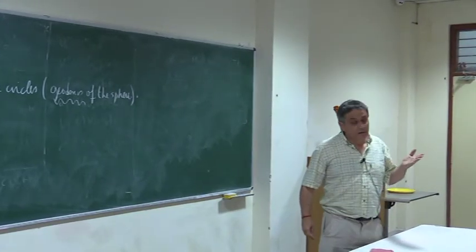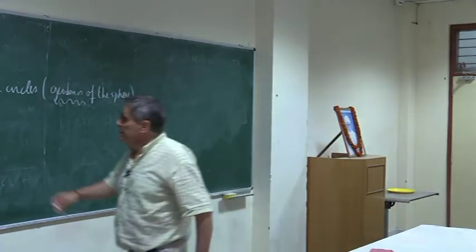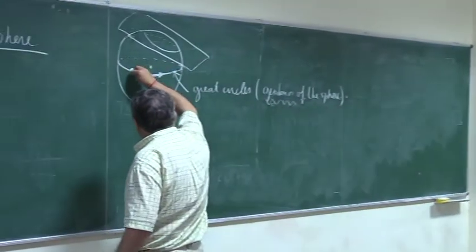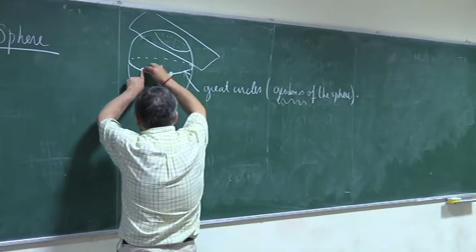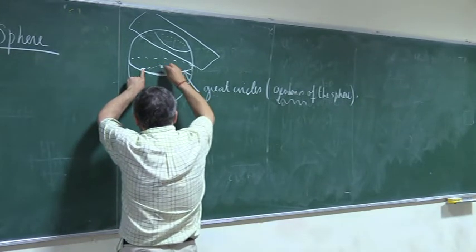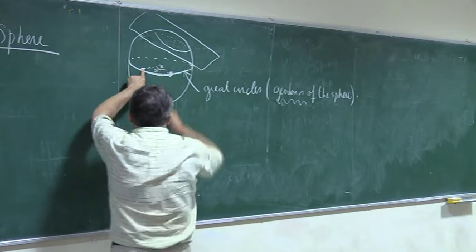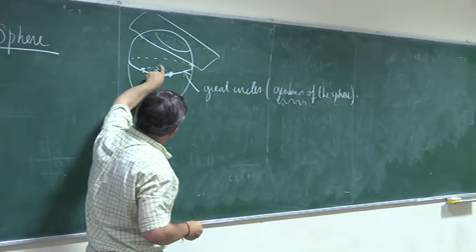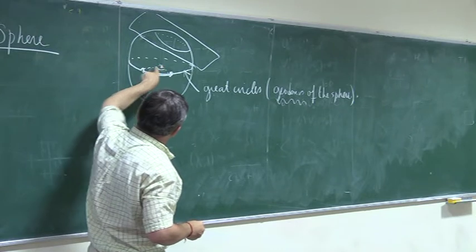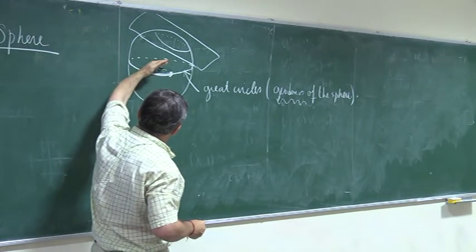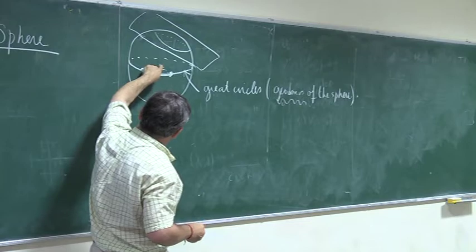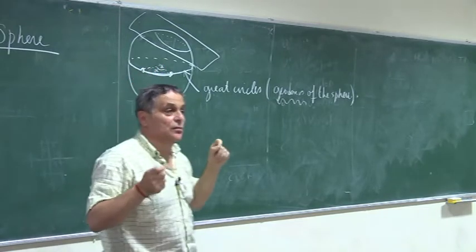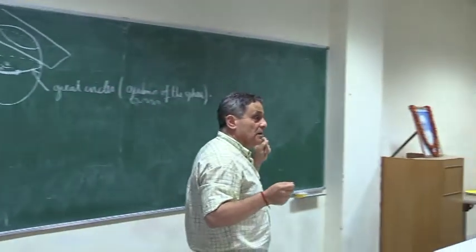And what is the spherical metric? The distance between this point and this point is the angle alpha made by the two rays which start at the origin of the sphere and which pass through these points.